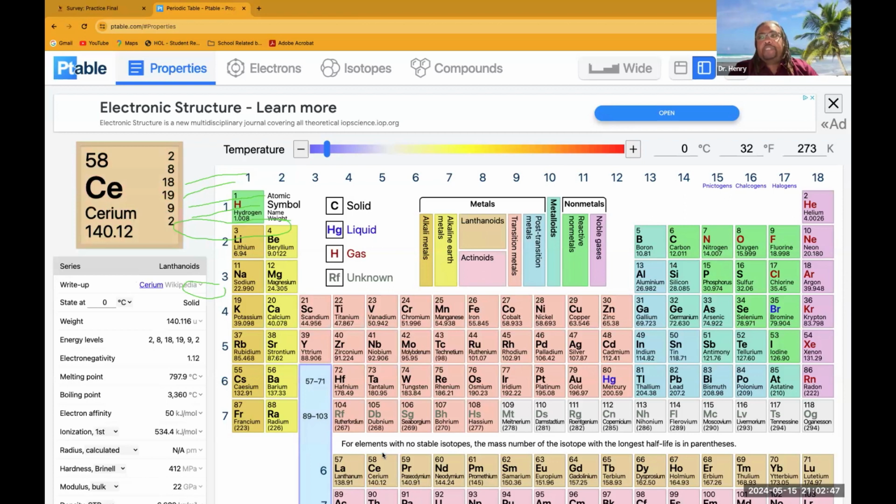Except for the ones that are exceptions. These guys down here are called post-transition metals, and then some of these guys when they act as metals. So those should have Roman numerals, except for the exceptions.